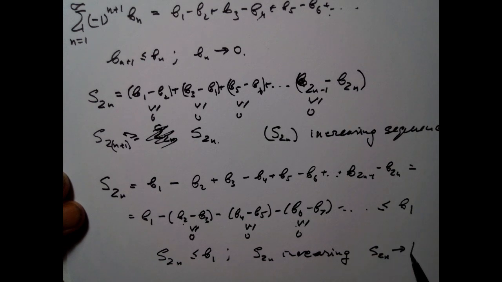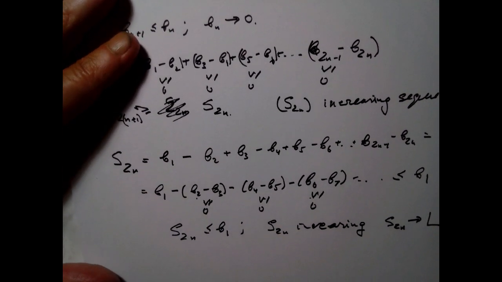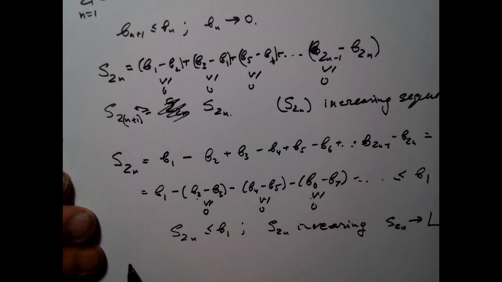Let's say it converges to some limit L. Okay, so now let me look at the sequence S2n plus 1. This is the sequence of numbers which look the same way: b1 minus b2 plus b3 minus b4 plus etc. plus b2n minus b2n plus 1.